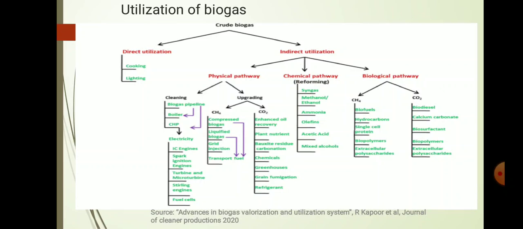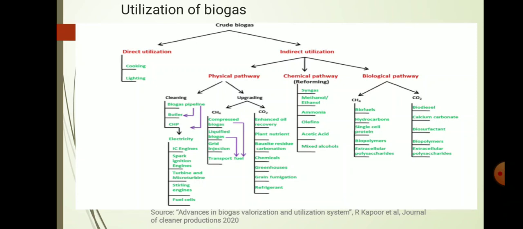In some developed countries, we can also do grid injection, injecting this compressed natural gas into the natural gas grid, the CNG pipeline. That is not possible in India etc., because biogas has different compositions. But in some developed countries like Norway, they have centralized biogas plants where they separate methane and convert it into natural gas, the same as natural gas, and inject it into the grid.